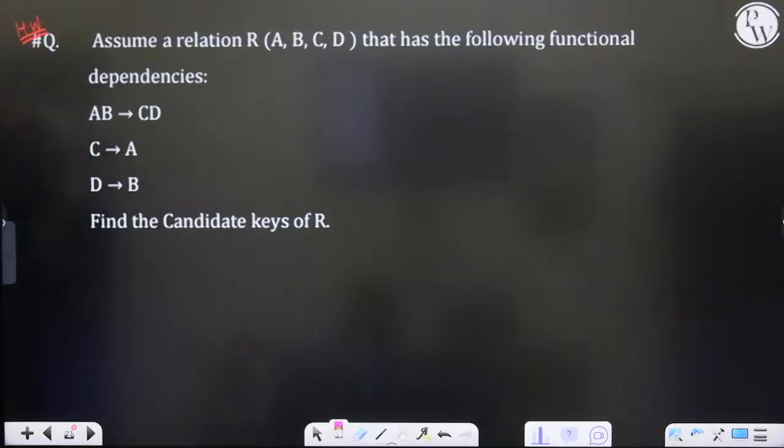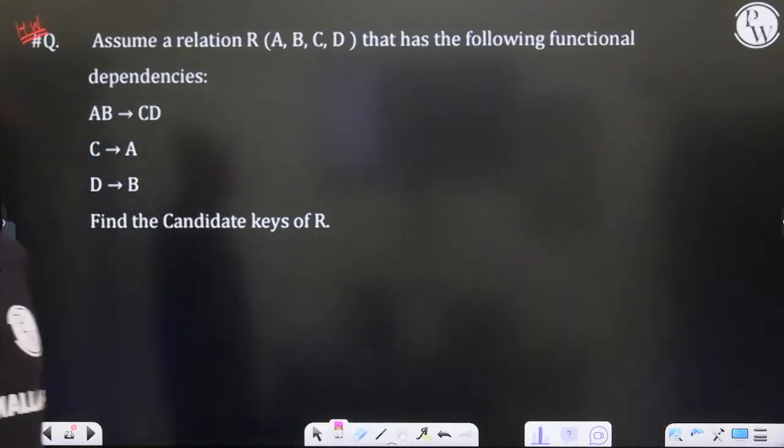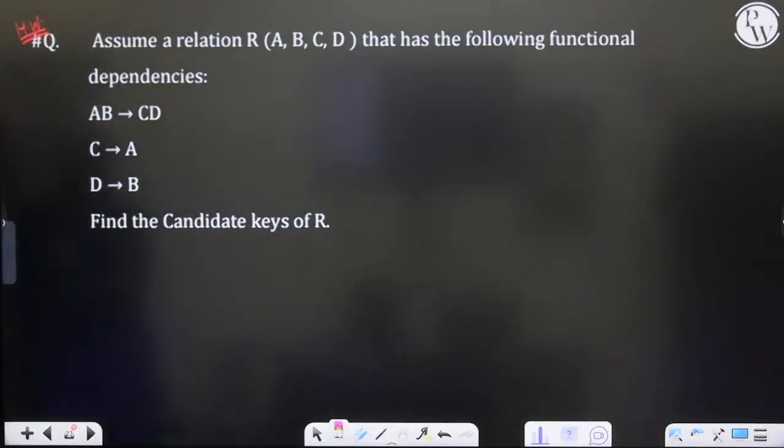As I said, you need to check for all possible replacements. So let's solve this question at the next slide.